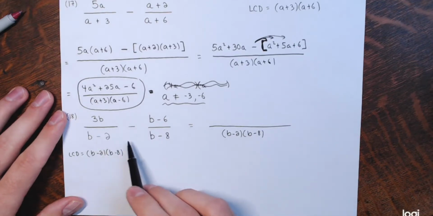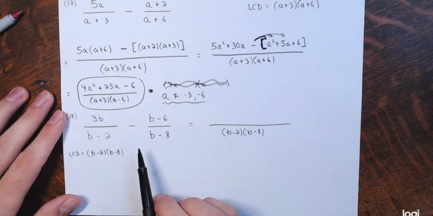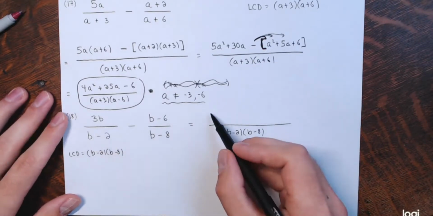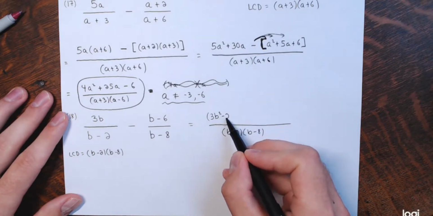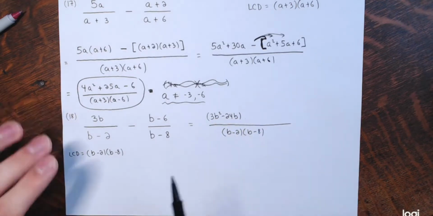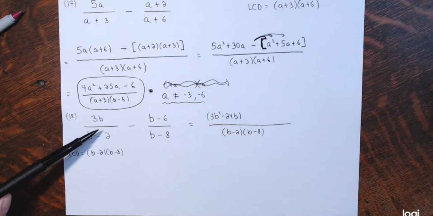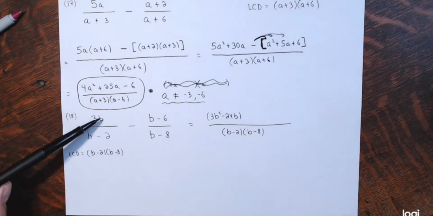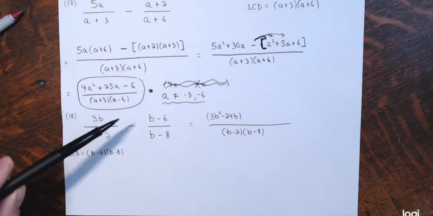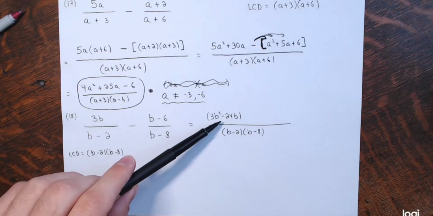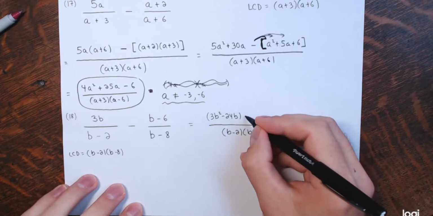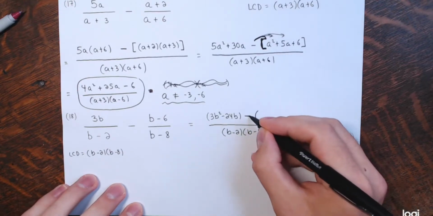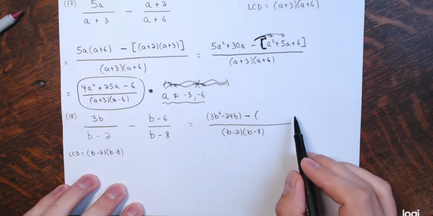When I get that LCD to be the denominator of both, the first numerator would be 3b squared minus 24b, because I would have to multiply the first one by b minus 8 over b minus 8. And 3b times b minus 8 would be this, 3b squared minus 24b. Then we're subtracting the entire second numerator.